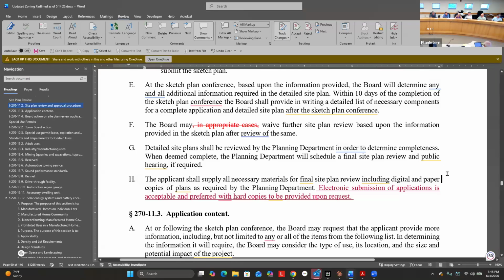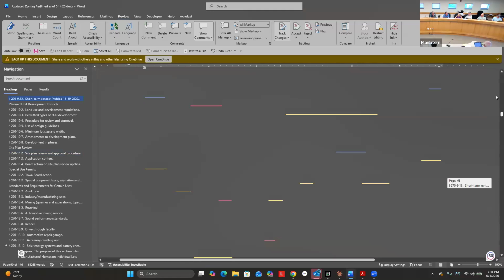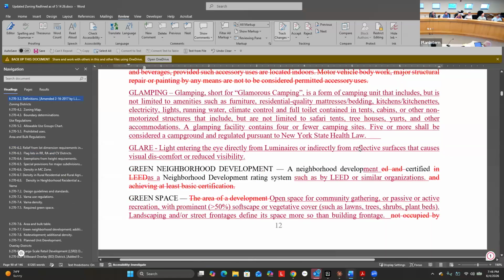Right. The former is complete as far as the staff is concerned. The latter is incomplete as far as we're concerned. So I'm okay with this language here, as long as we understand that, okay, you think you provided a complete package, you've got all the pieces, but we've got questions. Well, and that's going to happen.